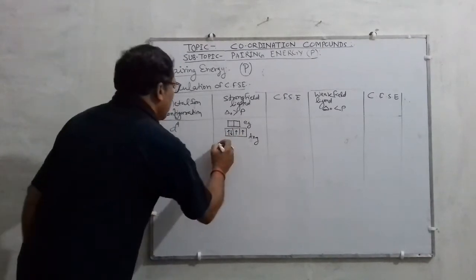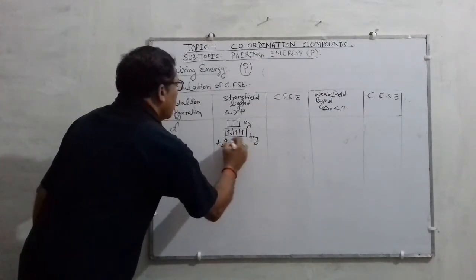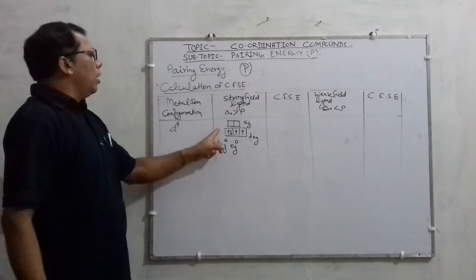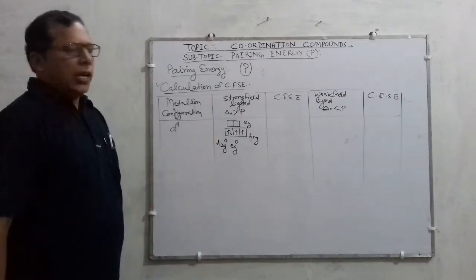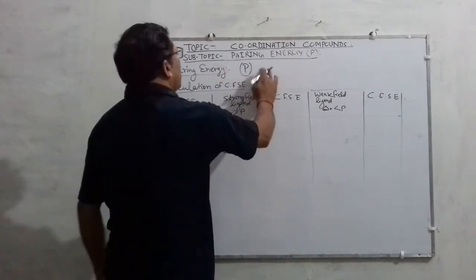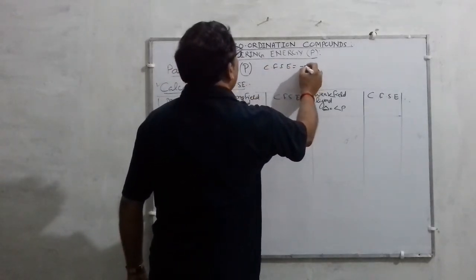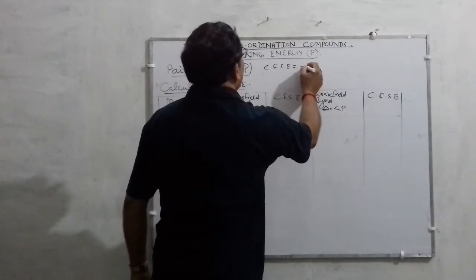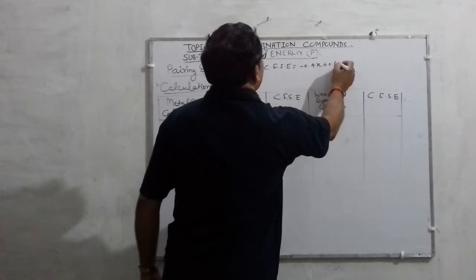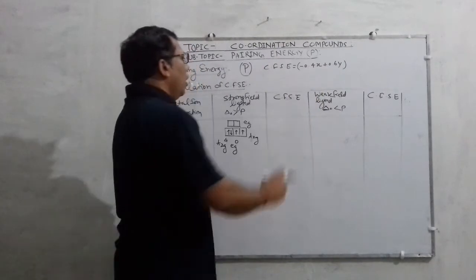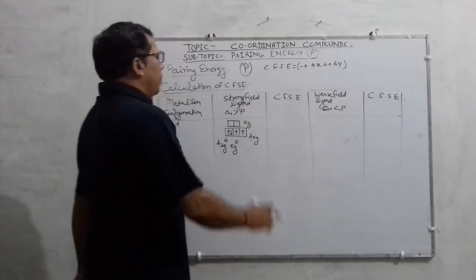Which configuration is coming? t2g4 and eg0. So this will be the electronic configuration of d4 in a strong field ligand. And on the basis of the formula we just wrote for CFSE, minus 0.4 X plus 0.6 Y, where X represents the number of electrons present in t2g and Y represents the number of electrons present in eg.